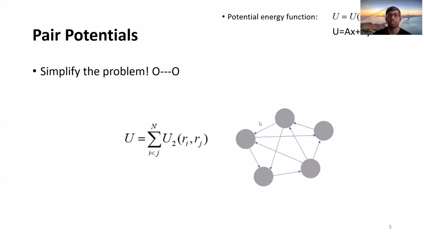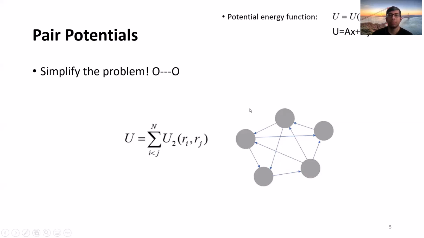For example, let's think about this system, where if you talk about this atom and this atom, you are talking about their distance. Let's say this is atom I, this is atom J, and their distance is Rij.